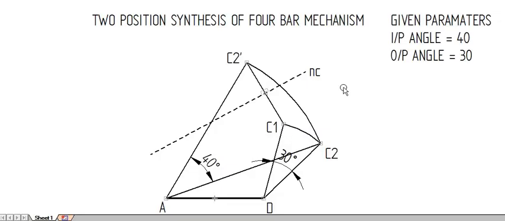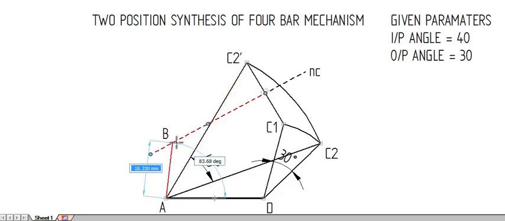The last step is an assumption. We have to select a point on this perpendicular bisector. You can select any point. I am selecting a point and marking that point as B, and joining AB and BC1.